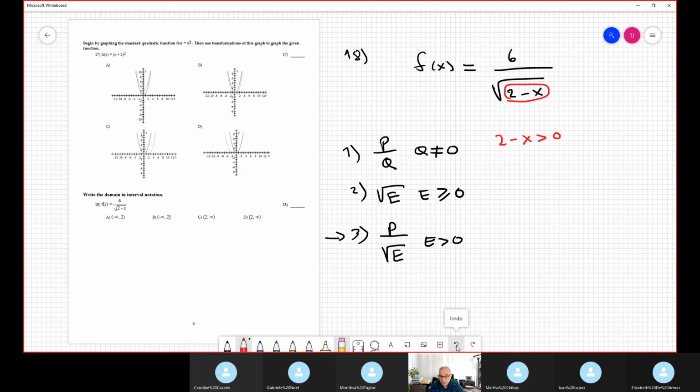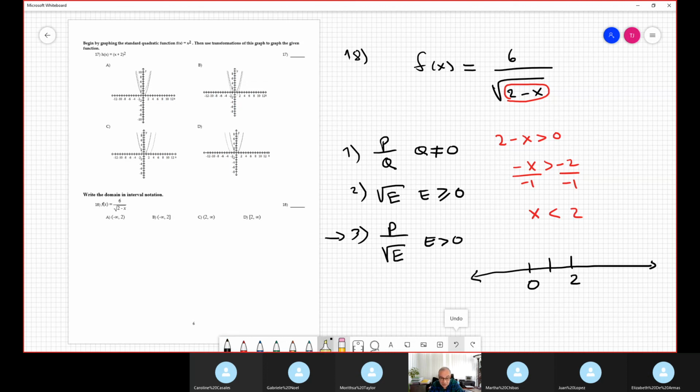So for example, to solve this, I move 2 to the other side and divide by -1, because I don't want negative x, I want positive x. But you have to remember that when you divide by a negative number, you switch the inequality sign too. Entonces, to understand the interval in which that function is defined: this is 0, this is 1, this is 2, x is less than 2.